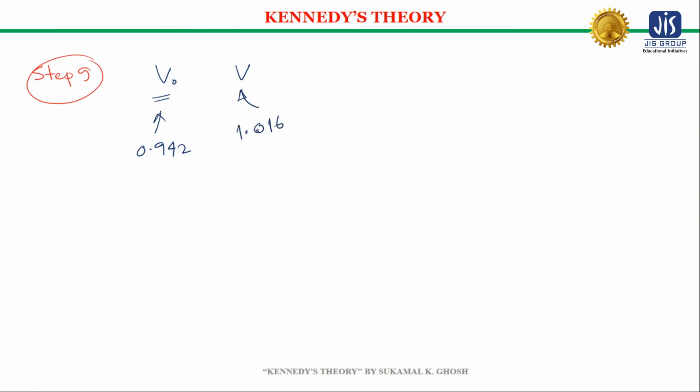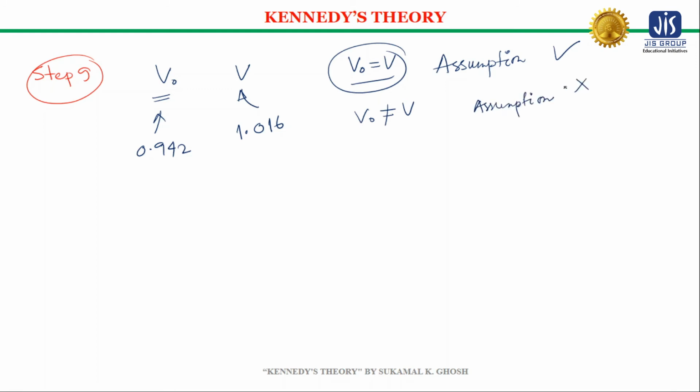Now we have discussed in our last video that if v0 is equal to v, then our assumption is correct. But if v0 is not equal to v, then our assumption is incorrect. In this particular case, we can see that v0 is not equal to v.